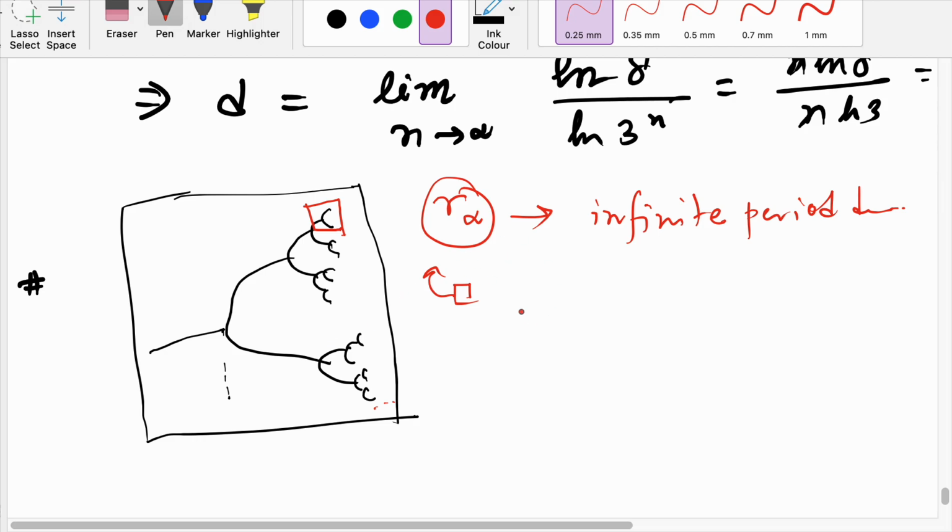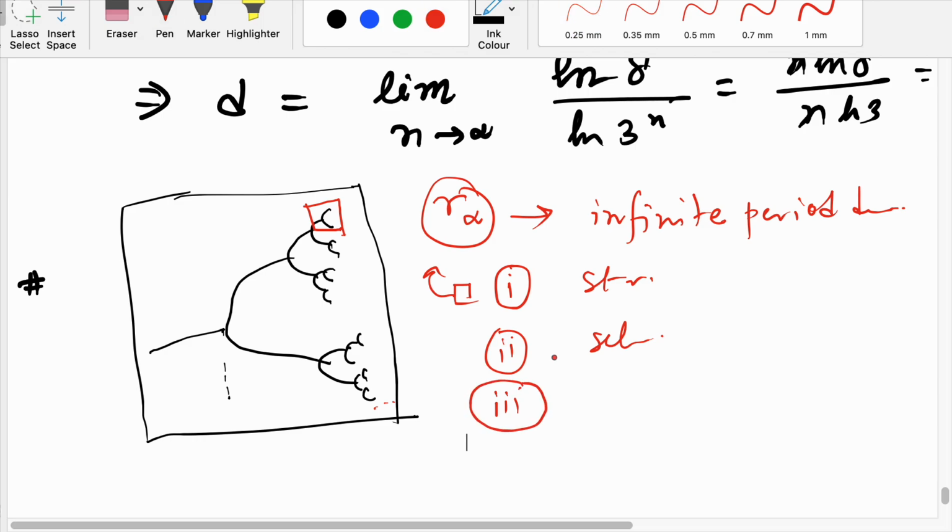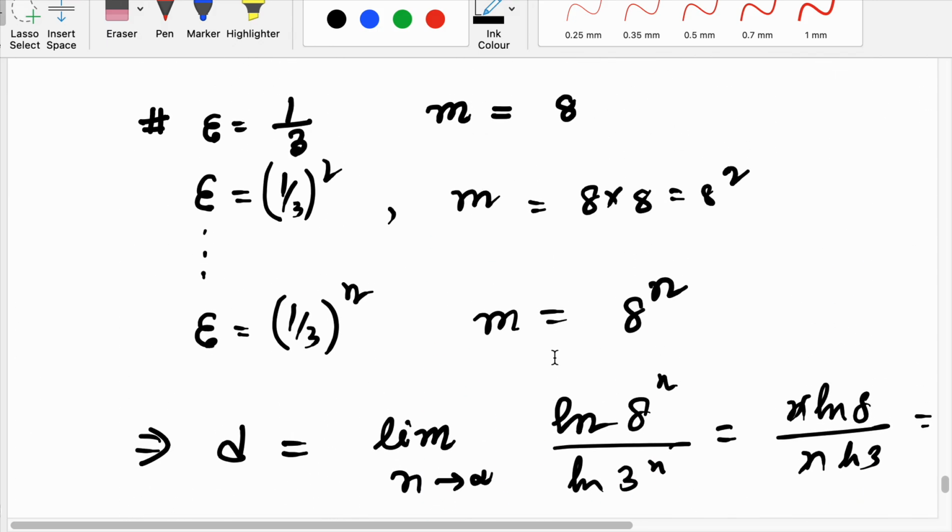These two properties are there: one, structure is there, and two, self similarity is there. And we want to check whether or not the third property is satisfied, that is, whether its dimension is a fraction or not. So that's why we are developing a method from which we can calculate the dimension.